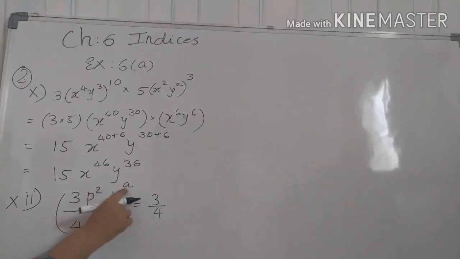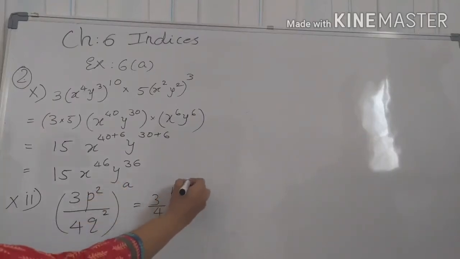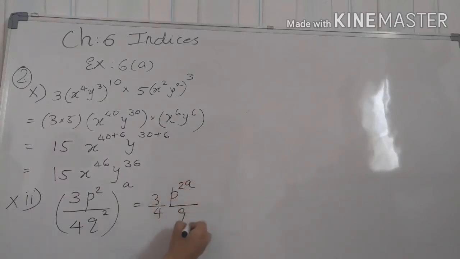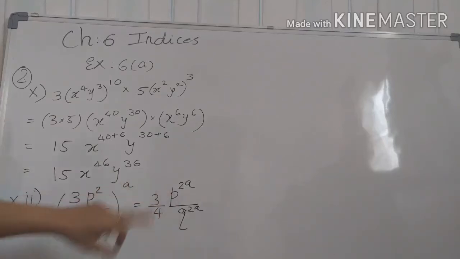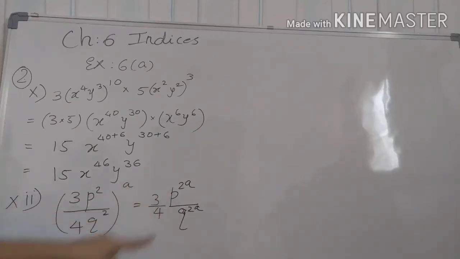A we will multiply with both in the power. So p power 2a and q power 2a. We cannot use our division law, like we cannot separate the powers because the base are different. So this is the final answer. Also students, this a is with 3 and 4 also. So I have to write 3 raised to a and 4 raised to a.